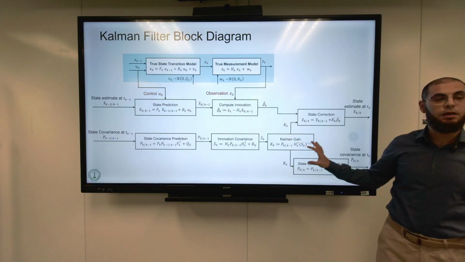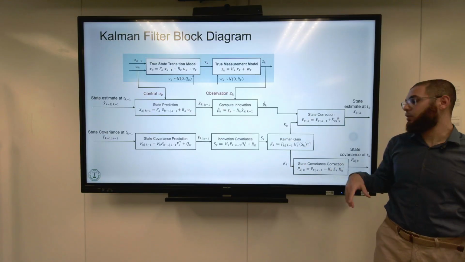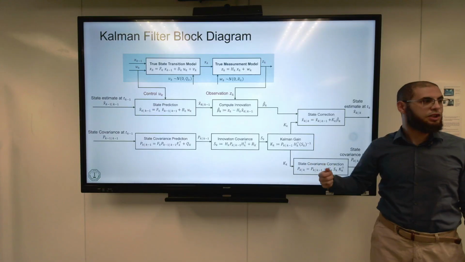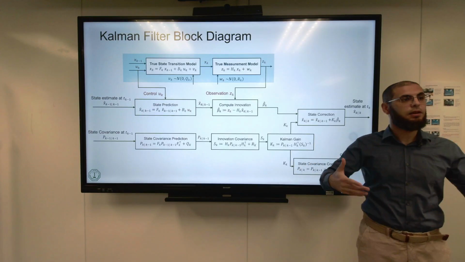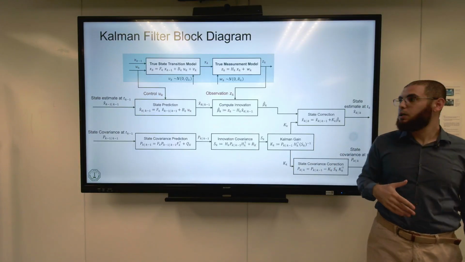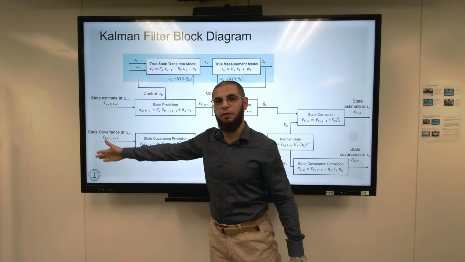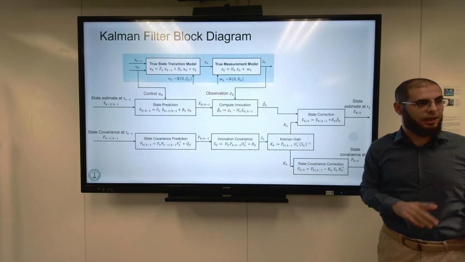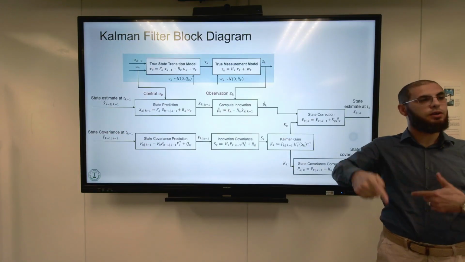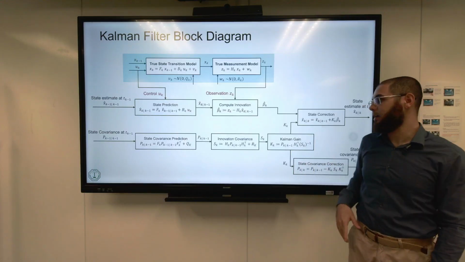The Kalman gain is the most important part of the algorithm, and it's usually also the most computationally expensive because of this inverse. Afterwards, we have a better mean and a better covariance. So we started with a Gaussian, the prior belief, and this is the posterior belief after doing the Kalman filter. This is a recursive algorithm, so every time step you just run it again and again.